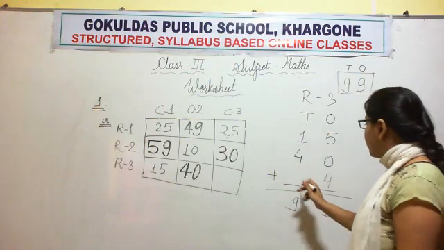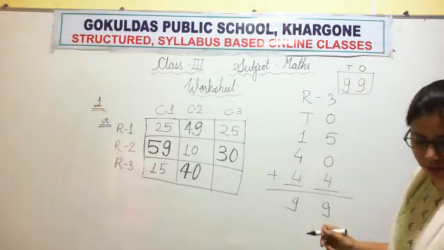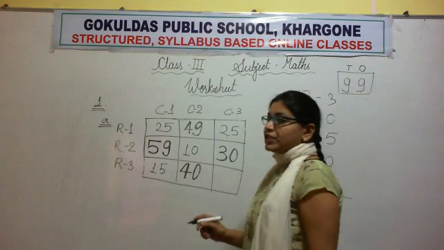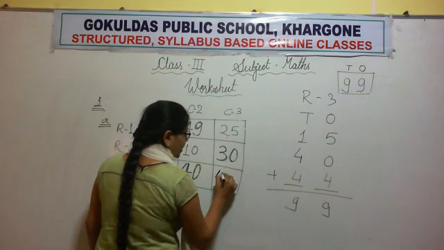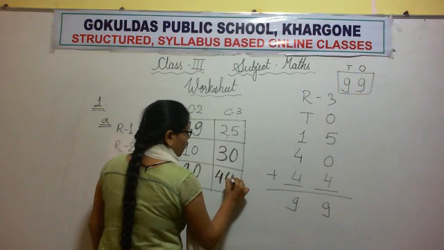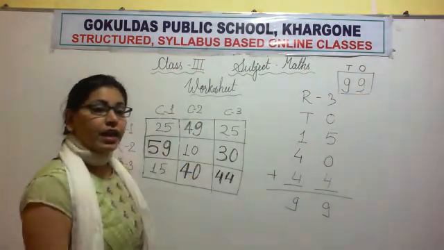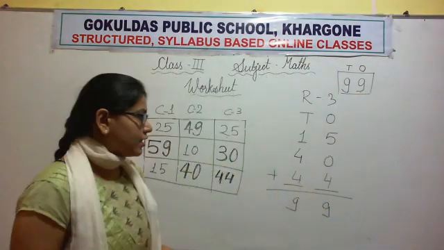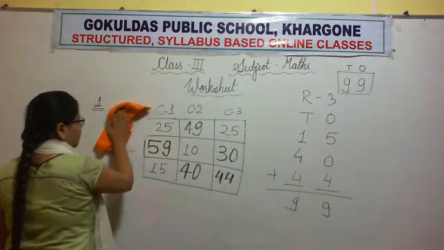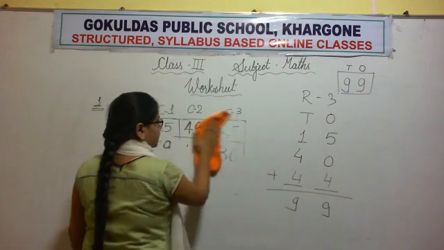So we will write 4 here. Okay. So the number is 4 tens and 4 ones, means the number is 44. So this is how we can do it.